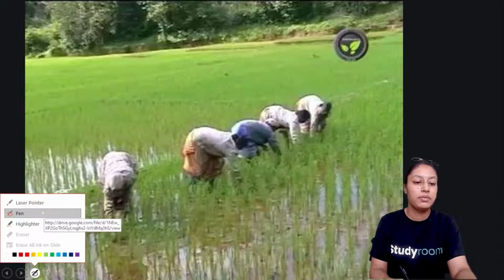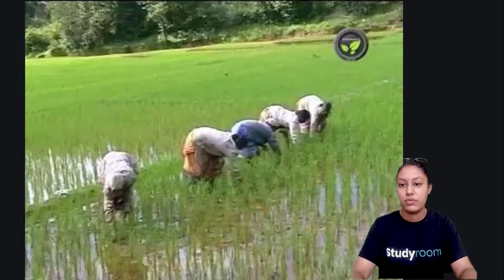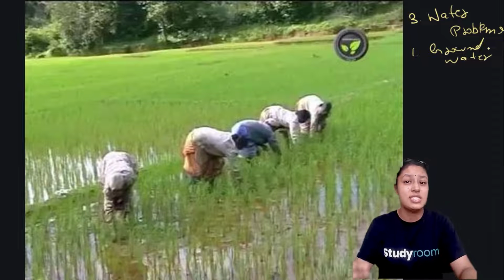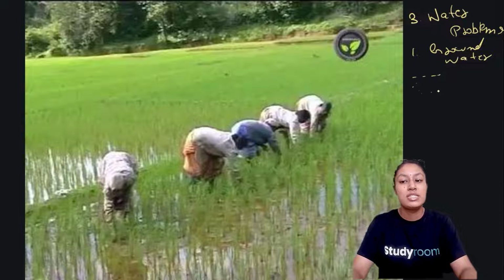Next, we have the third point, water problems. We face two kinds of water problems. First, it was groundwater. It was underground water, because of the excessive use of water from tube wells, the groundwater level was decreasing. It was going down.